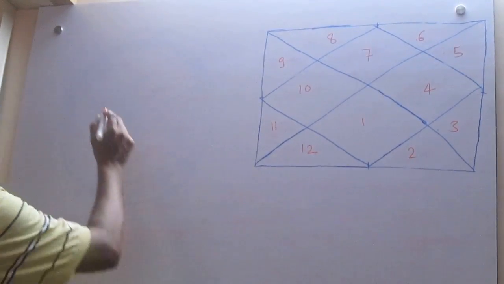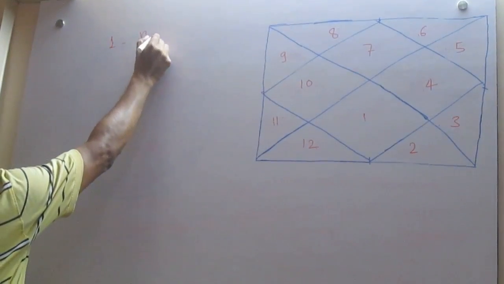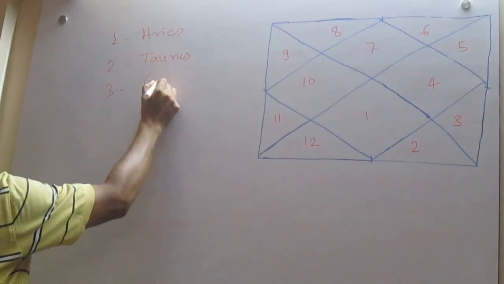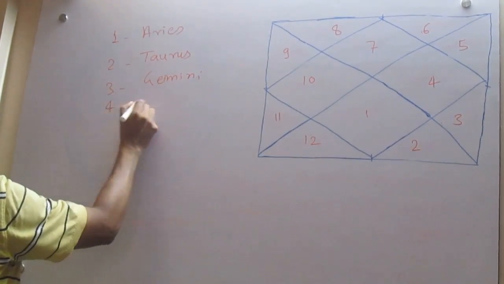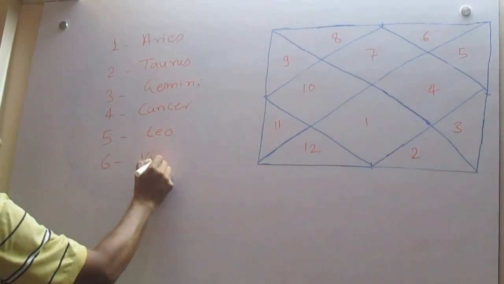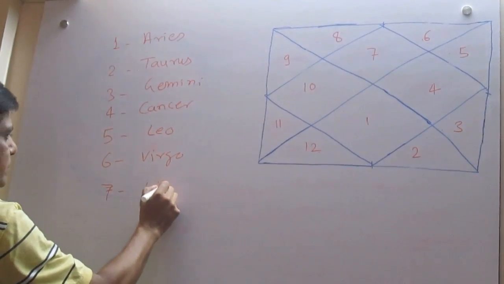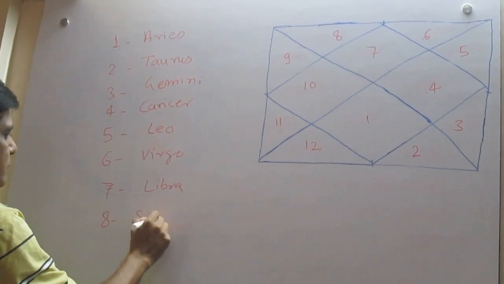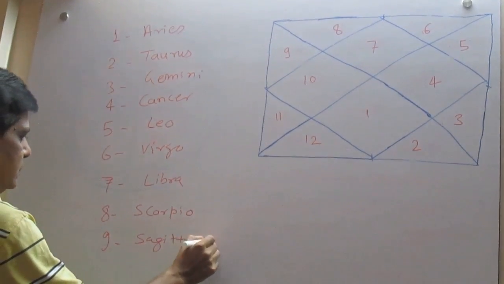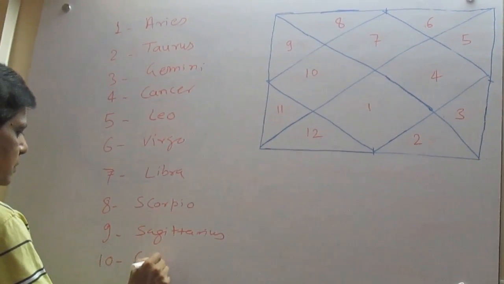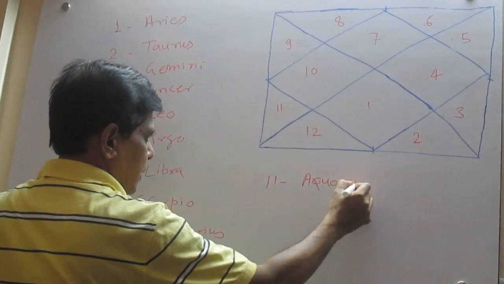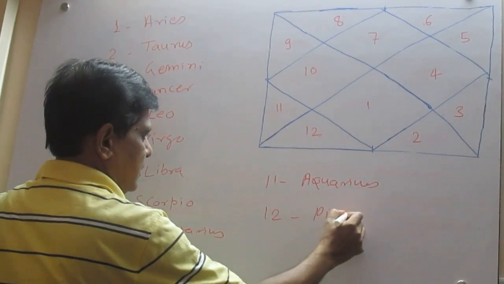So the numbers are given to the rashis. First number is given to Aries, second Taurus, third Gemini, fourth is Cancer, fifth is Leo, sixth is Virgo, seventh Libra, eighth Scorpio, ninth Sagittarius, 10th Capricorn, 11th Aquarius, 12th Pisces.